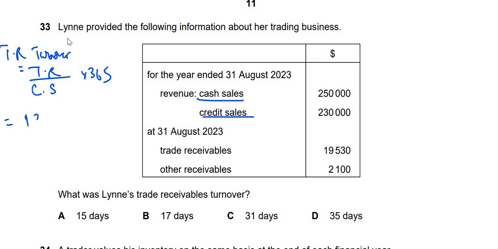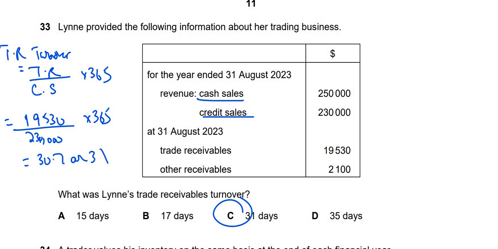Trade receivables are 19,530 upon credit sales. Credit sales are 230,000 multiplied by 365. So we get 30.7 or 31. So the answer is C.